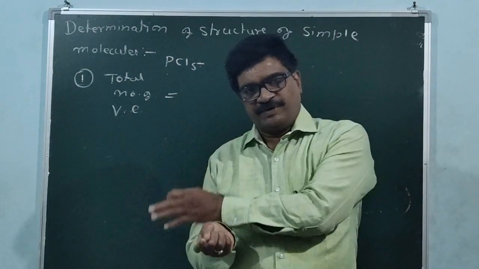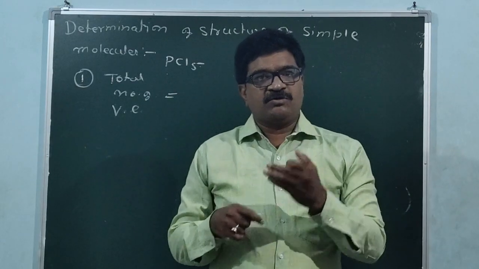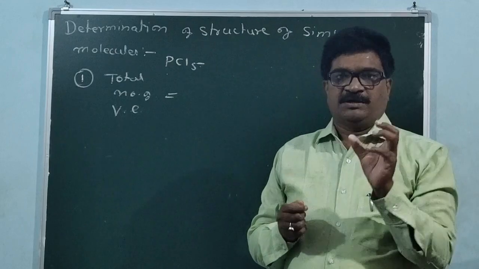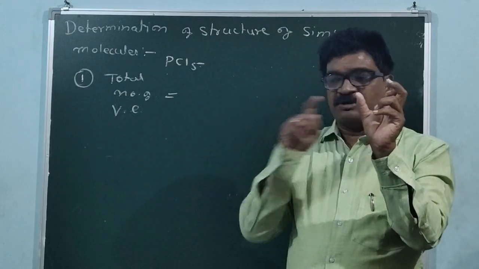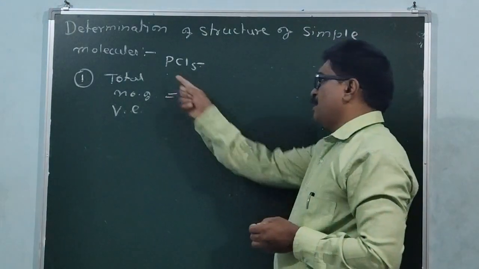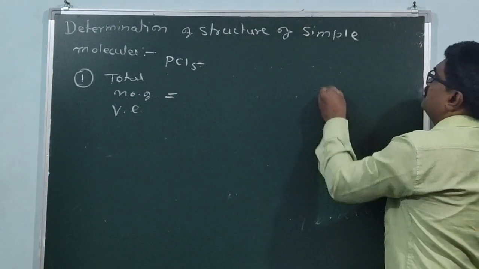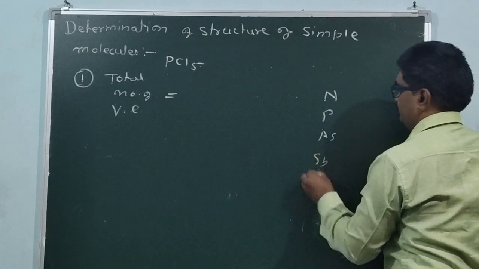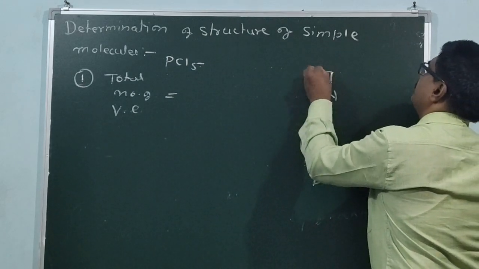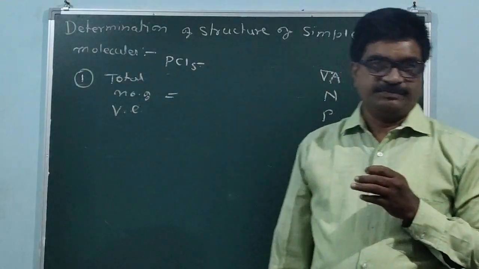Either you use the electronic configuration and count the number of electrons in the outermost shell, or you can go to the periodic table, where the group number of that particular atom indicates the number of valence electrons. Phosphorus is present in the long form periodic table in the fifth A group.